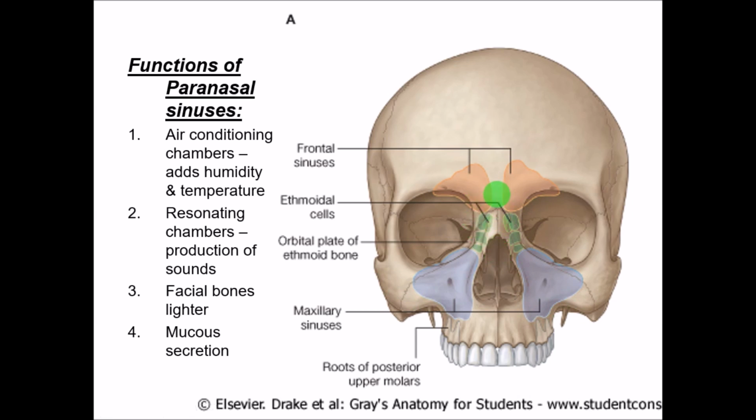Coming to the functions. What is the function of these paranasal air sinuses? Why are they present? The first and foremost is that they act as air conditioning chambers. Whenever we breathe in air, it is conditioned, humidity is added, and the temperature is maintained.